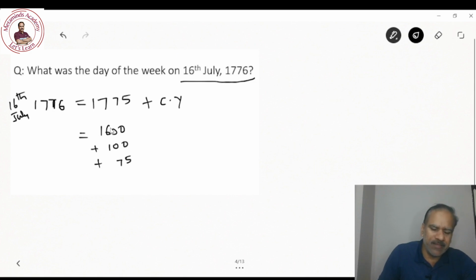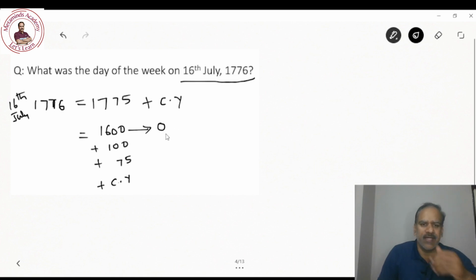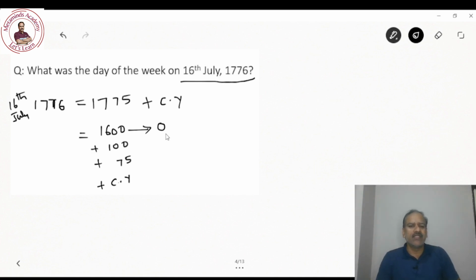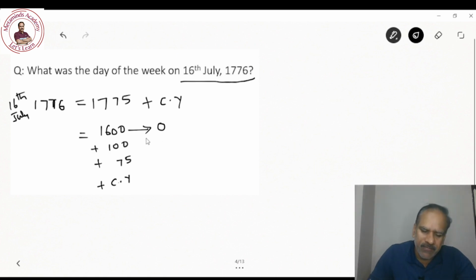We try to express in terms of 400 multiple plus 100 years plus 75 years plus current year. This 1600 years has 0 odd days because every 400 years has 0 odd days. So 400 multiples also have 0 odd days. 100 years has 5 odd days.